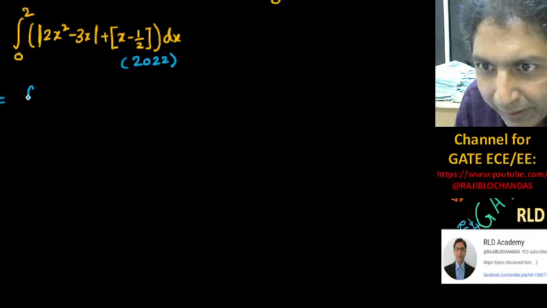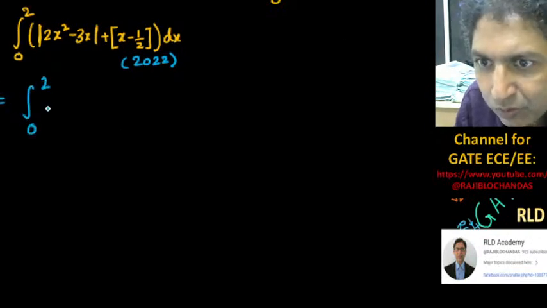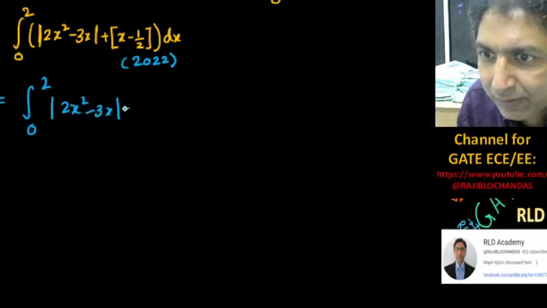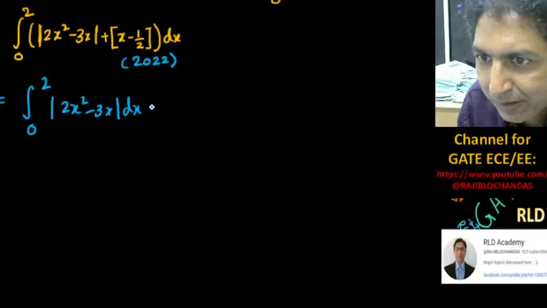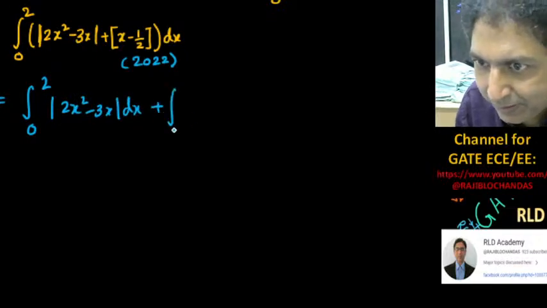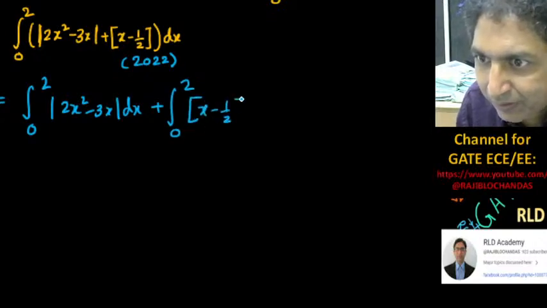So this one I can write as the integral from 0 to 2 of the absolute value of 2x square minus 3x dx. This is one term, and I can consider another term separately, 0 to 2 greatest integer of x minus half dx.